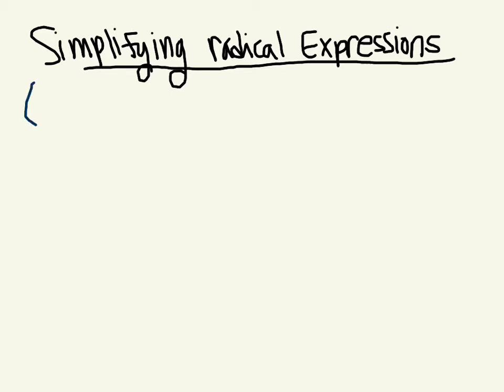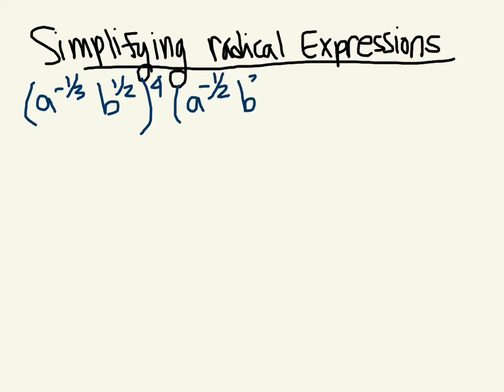Hi class, this video is going to be on simplifying radical expressions. So the problem we're going to do is a to the negative 1/3 b to the 1/2, all raised to the 4, times a to the negative 1/2 b to the 3/5, and all of that raised to the power of 10.